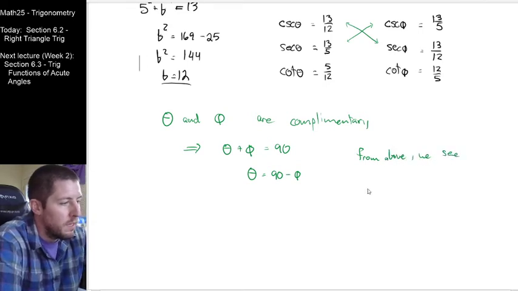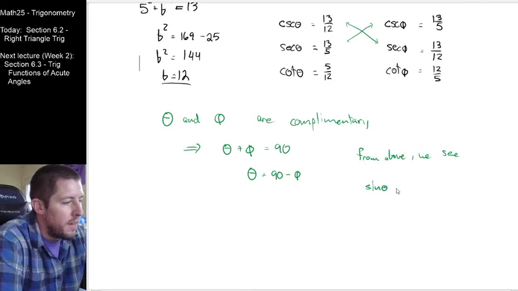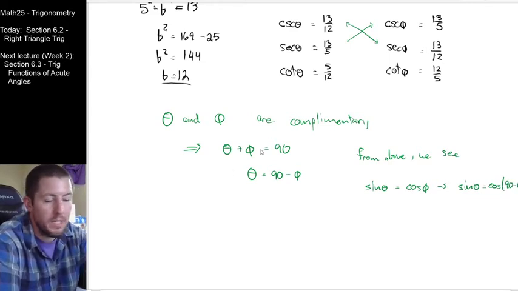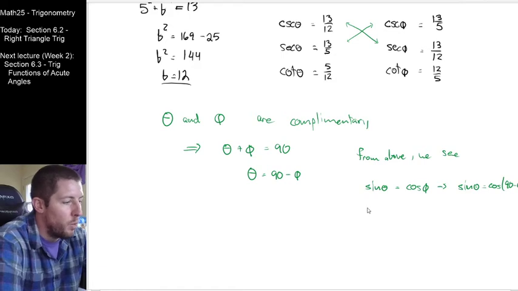If this relationship is going to hold in general, it looks like from above we see sine of theta equals cosine of phi, which is really telling me that sine of theta equals cosine of 90 minus theta. We could go on down the list. Cosine of theta is the sine of phi, which tells me cosine of theta is the sine of 90 minus theta.